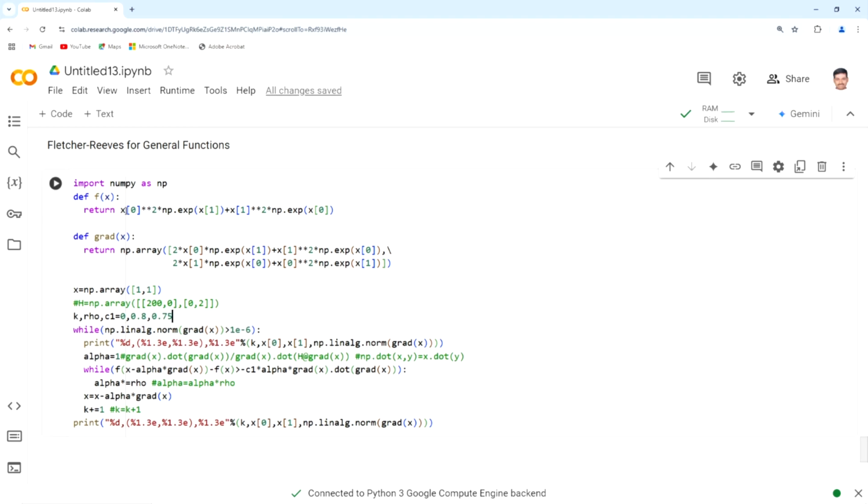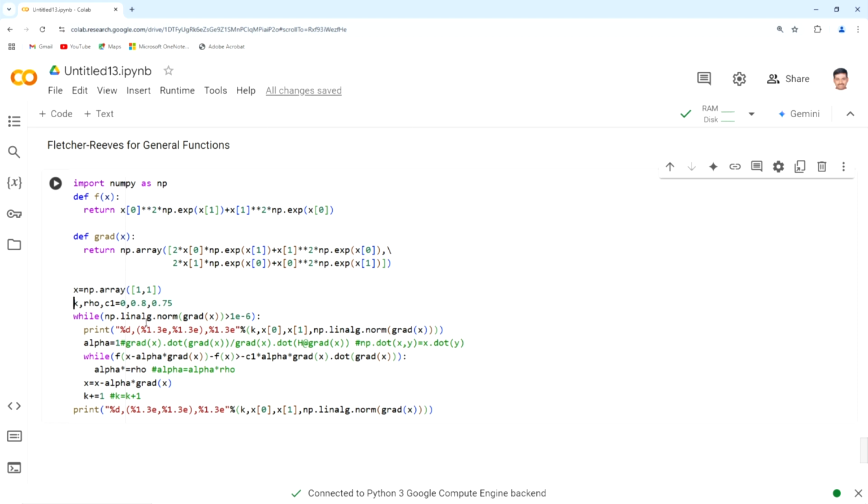There are a little bit of changes that will be needed. We will get them done. So, we first define f of x, which is x1 squared e power x2 plus x2 squared e power x1, and the gradient has two components, as I have written them down here. Okay.